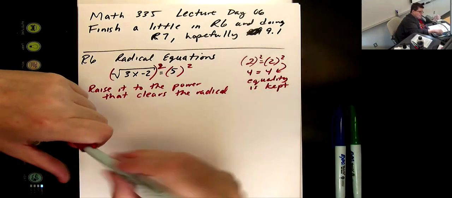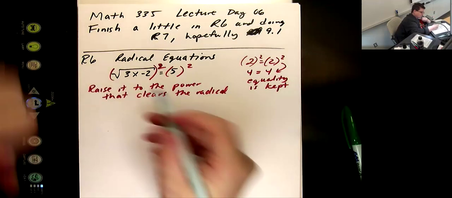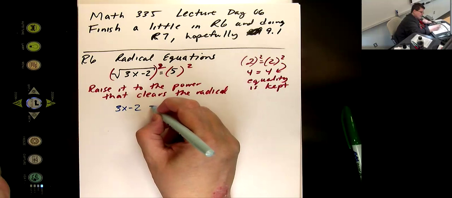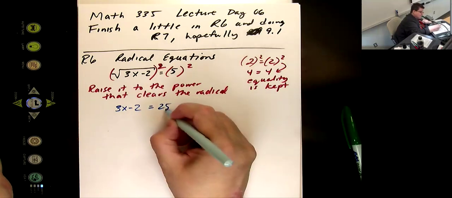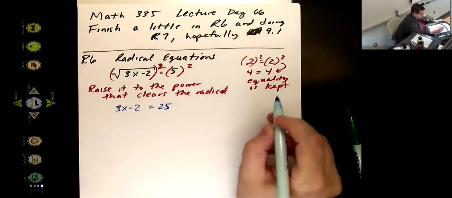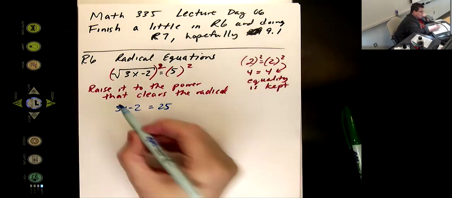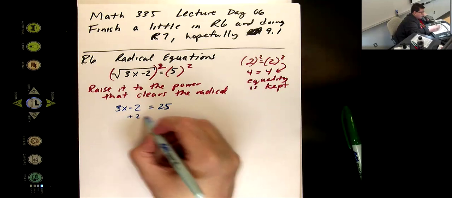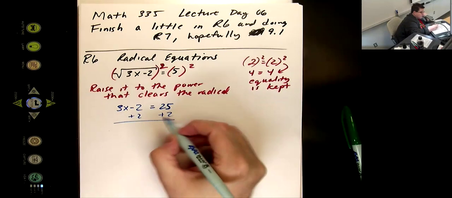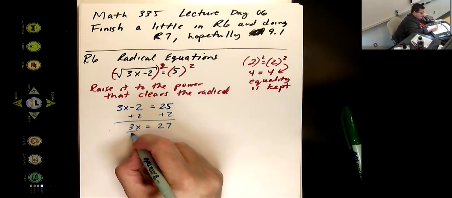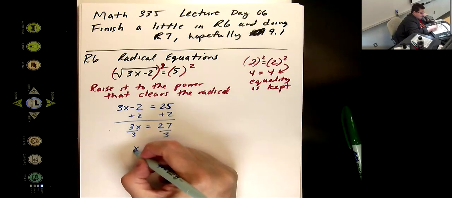So the left side will be 3x minus 2, and the right side is 25. Then we solve. Divide by 3 and we get x equals 9.